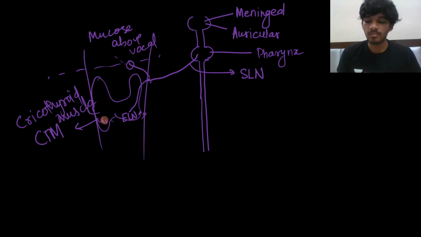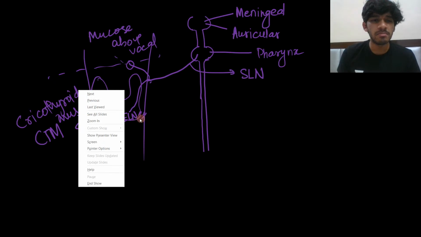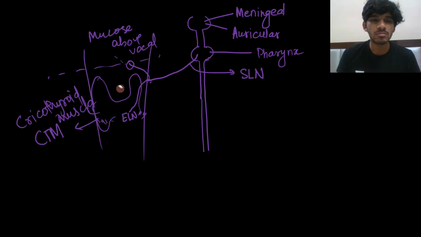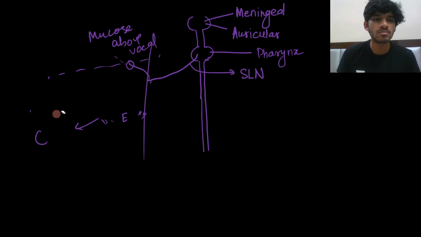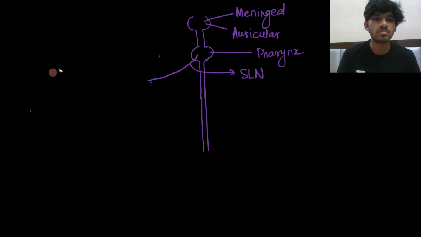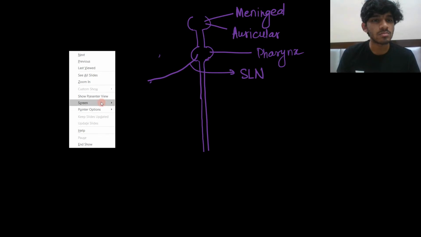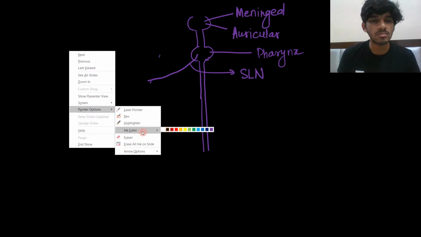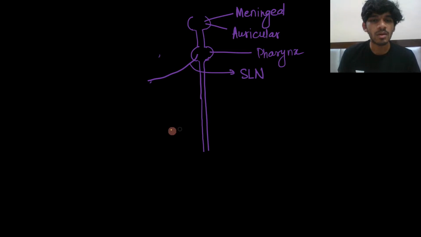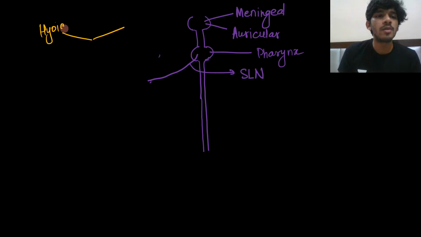Okay. So if I draw this in a better way, let's say this is your hyoid bone, and this is your thyroid cartilage.